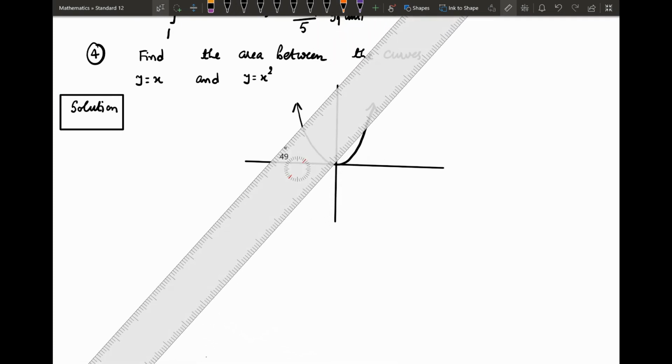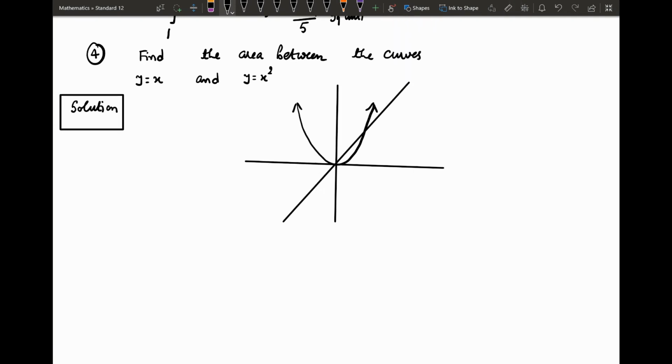Y equal to x means a line passing through the origin and making 45 degrees with the positive direction of the x axis. This is the line y equal to x.